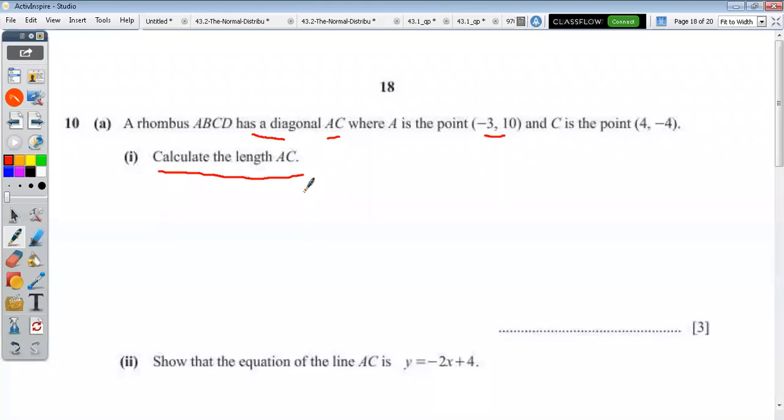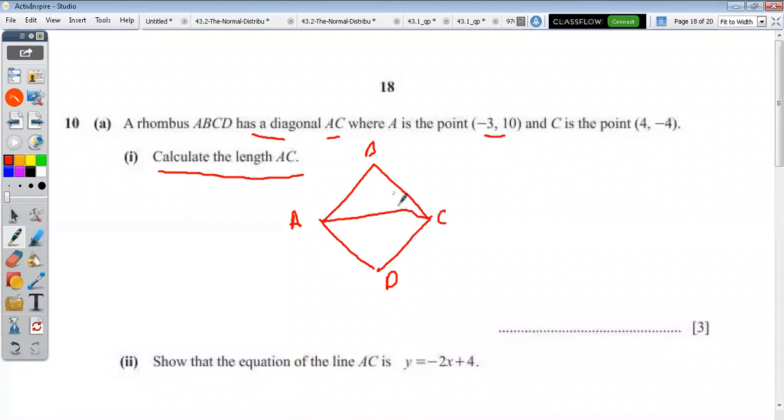You can draw a rhombus any way you want. It's more like a diamond shape, okay? So we have A, B, C, D. And what you want to calculate is the length of AC.